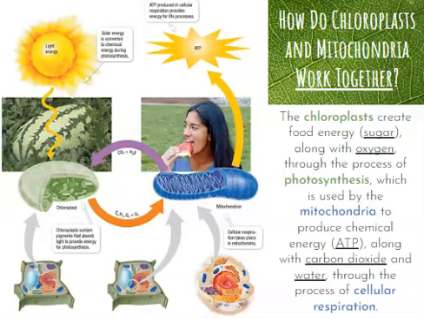Both plants and animals rely on the chloroplast to do that, because in order for the mitochondria to make usable energy, it needs sugar and oxygen.